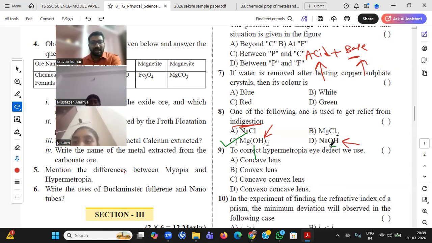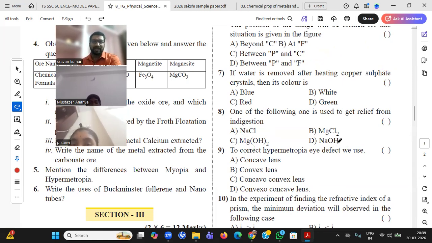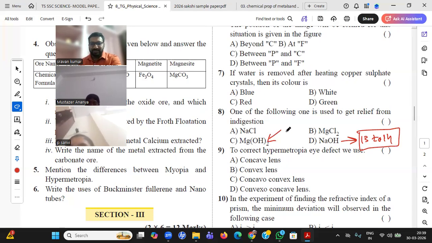Because sodium hydroxide is a strong base, beta. Its pH value is around 13 to 14. This much strong base will again create many issues in your body. They are highly corrosive in nature. But magnesium hydroxide, I think its pH value is 8 to 9. So it's good. It will not affect your body a lot.